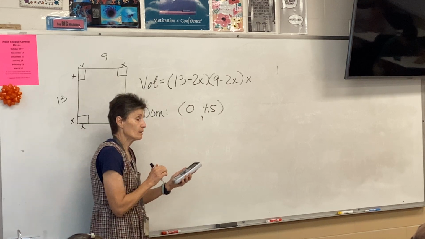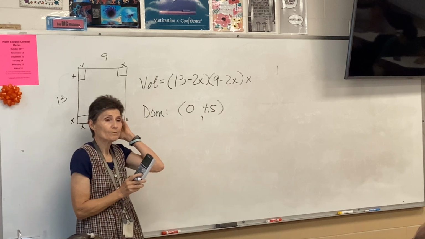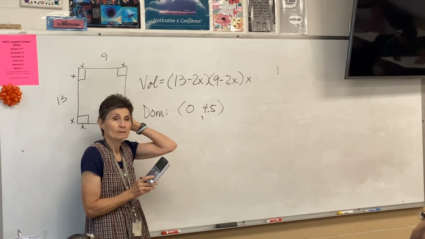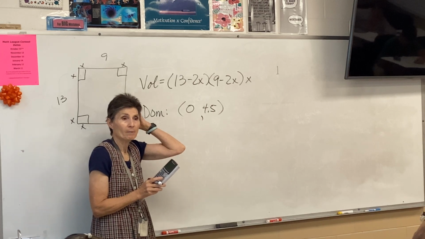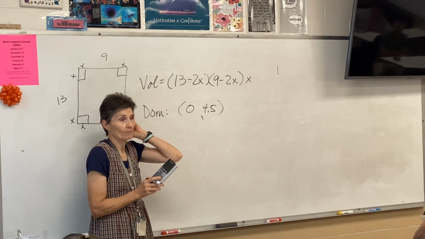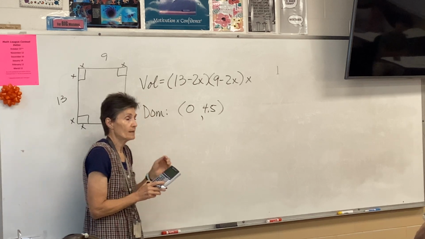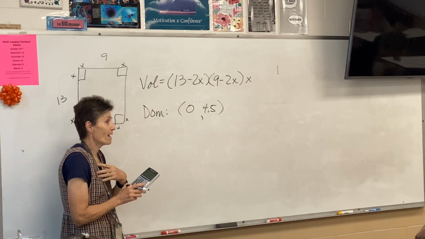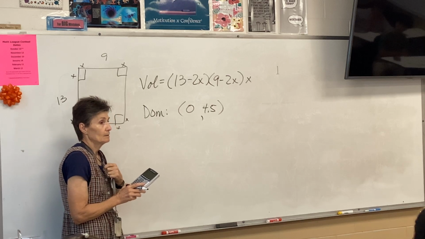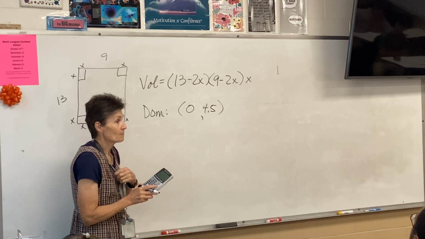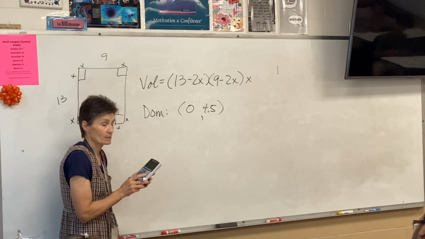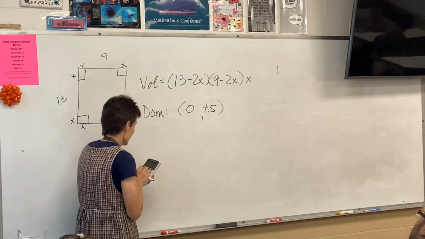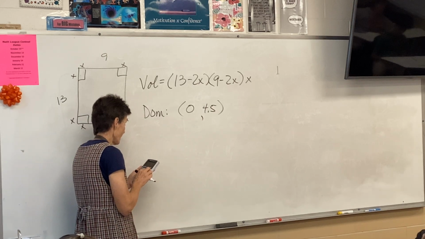And when you hit graph, what do you need to see? The top of the hill, right? And if you don't, then you will adjust Y max, right? So we all should be typing this in on our calculators. And then second calc max.